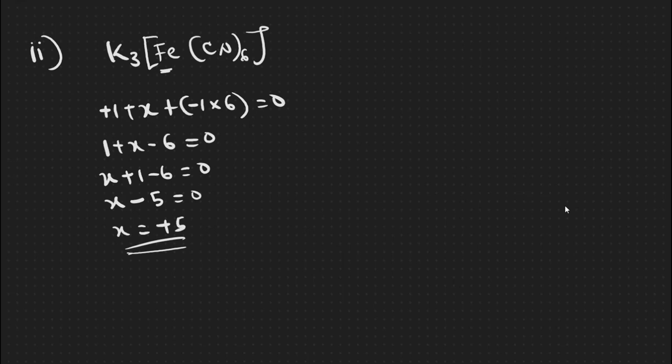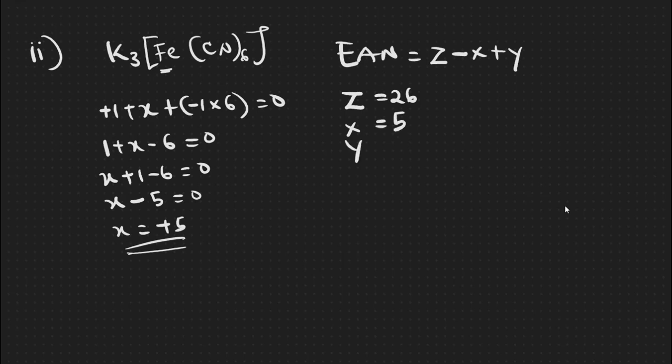So remember our formula: effective atomic number is equal to our Z, which is the atomic number of iron, is 26. The X, which is the oxidation state of the central metal, is plus 5, and Y, which is the number of electrons donated by ligands. We have 6 of the cyanide, so each of them donating a pair of electrons is going to be 6 times 2, giving us the total of 12.